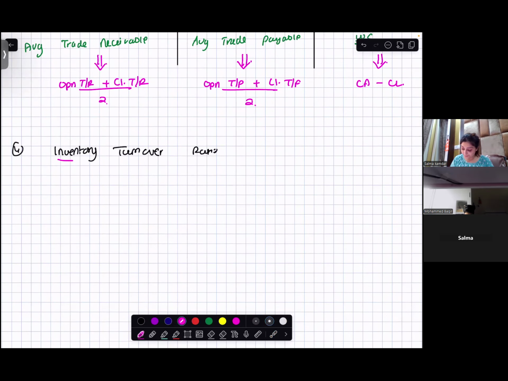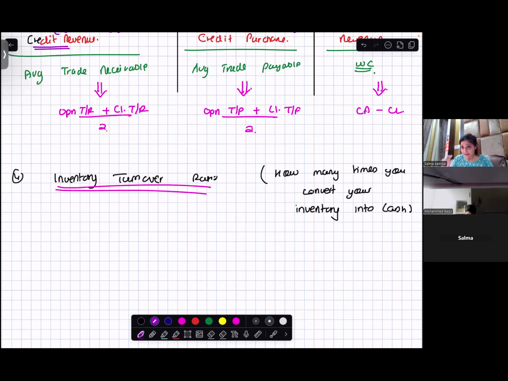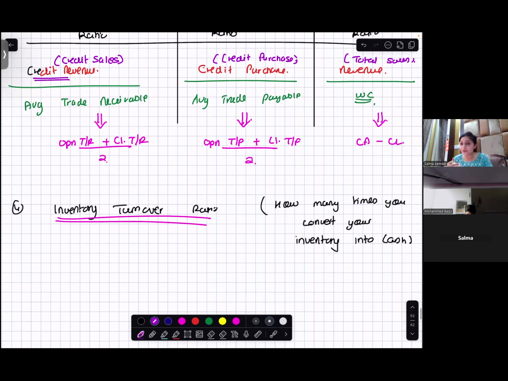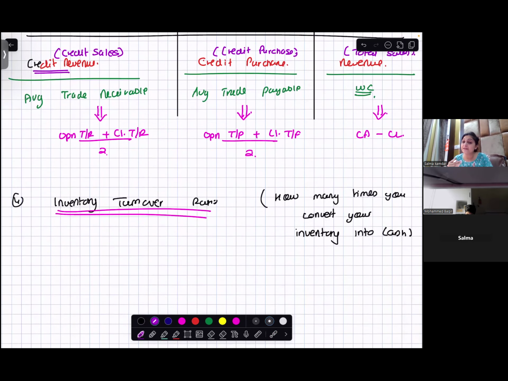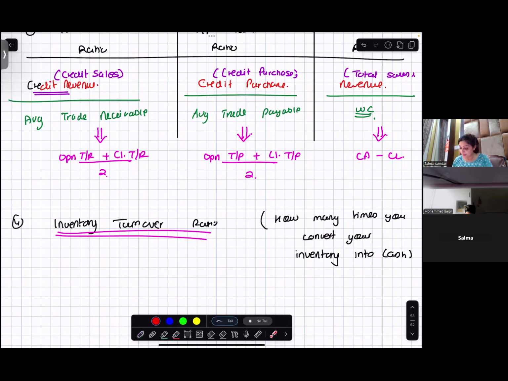Inventory turnover ratio. What is it? How many times you convert your inventory into cash. So, what would be the formula for this? In all the turnover ratios, turnover means sales. So in all your turnover ratios, your numerator would always be the sales or purchases.